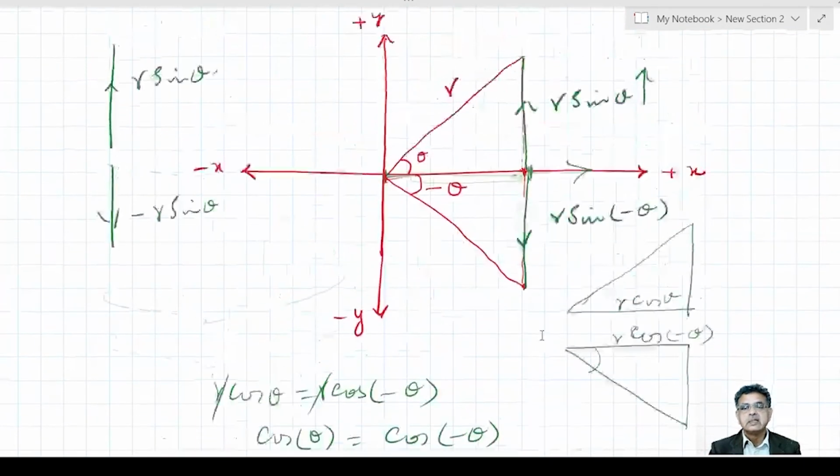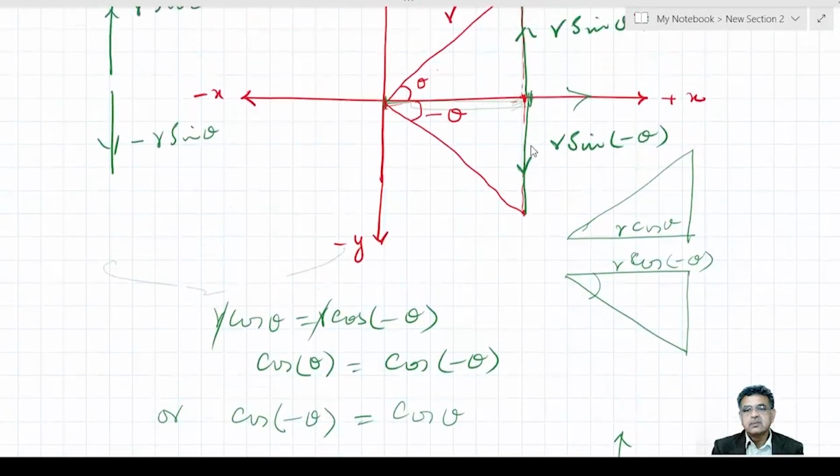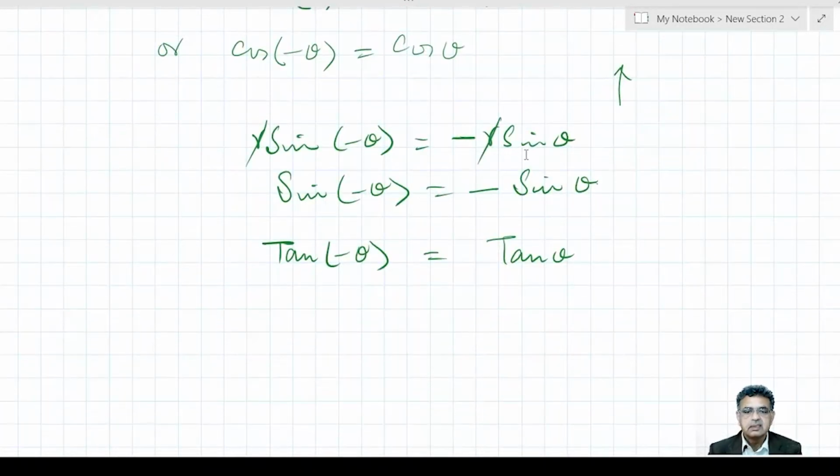So once again here, you can see that gradient of minus theta is this way, which is negative, and the gradient of this one is positive, whereas magnitude of gradient in both of them is same, because opposite is equal as well as adjacent is common, so value is same but sign is opposite. That's why tangent minus theta will be equal to minus tan theta.